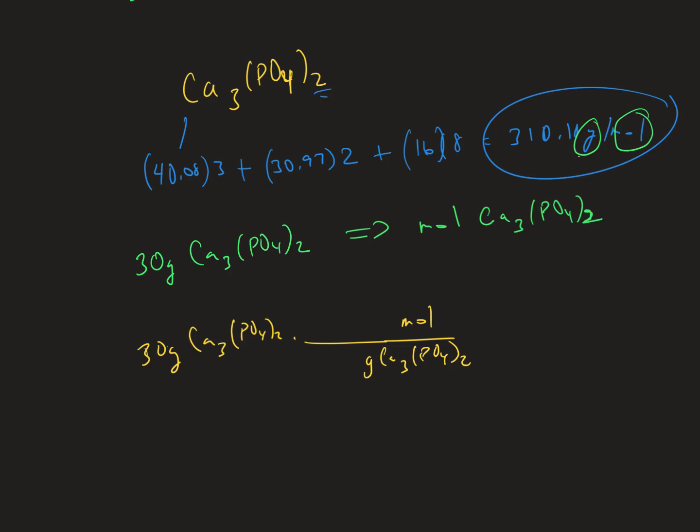This is grams per how many moles? It doesn't say, but it means 1, right? So 1 mole of calcium phosphate has a mass of 310.18 grams. So that goes away and we're left with moles. There we go. How many moles is that?